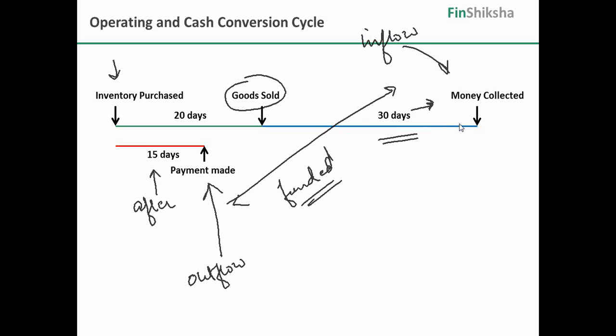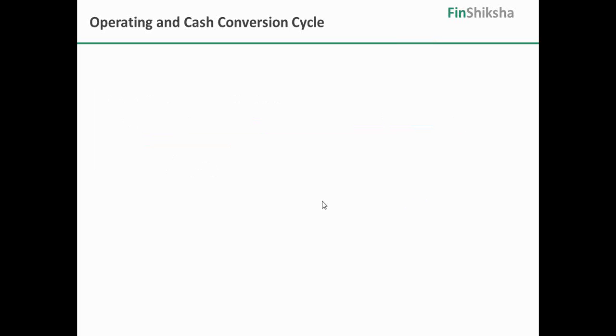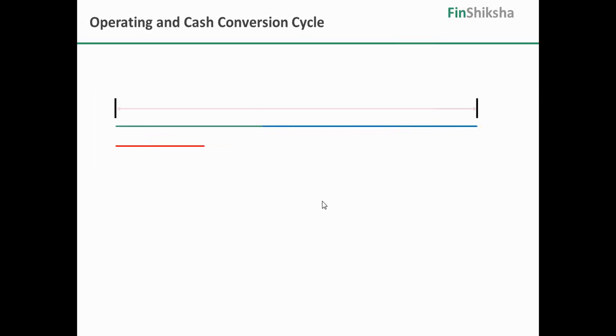So what do we mean by an operating cycle? An operating cycle is nothing but the entire time taken from the buying of raw material to selling and collecting the money. In our case, 20 days plus 30 days. Correct?